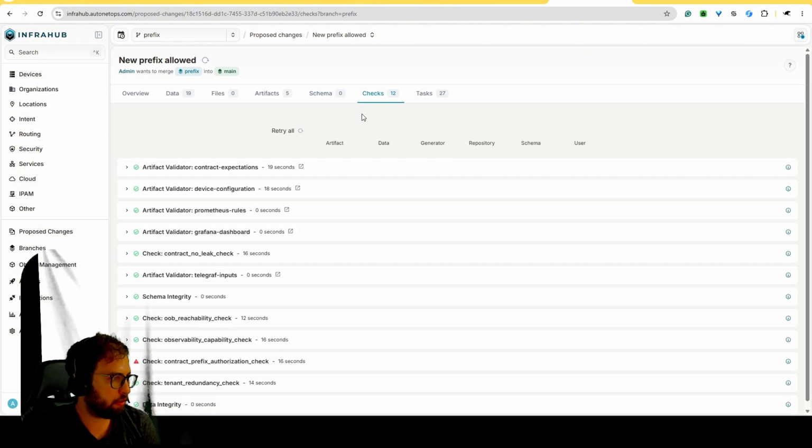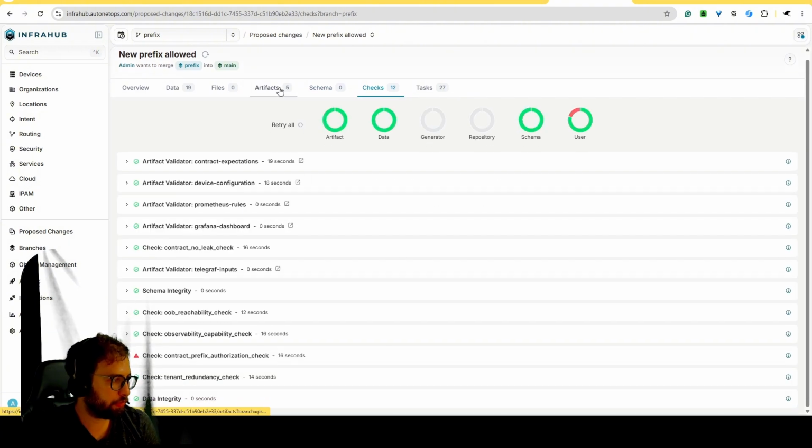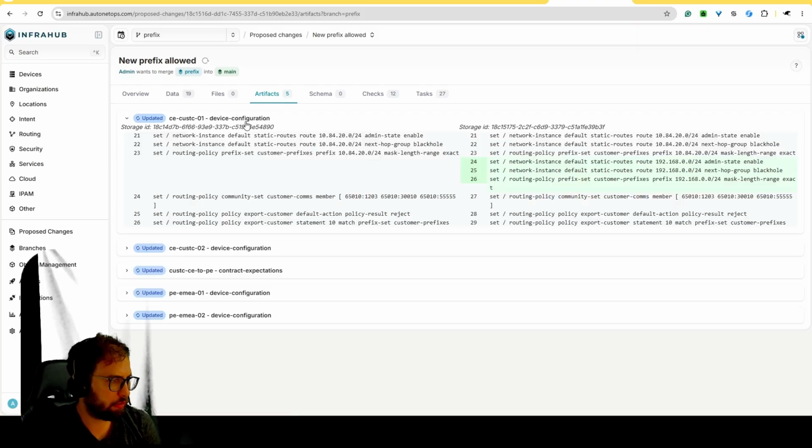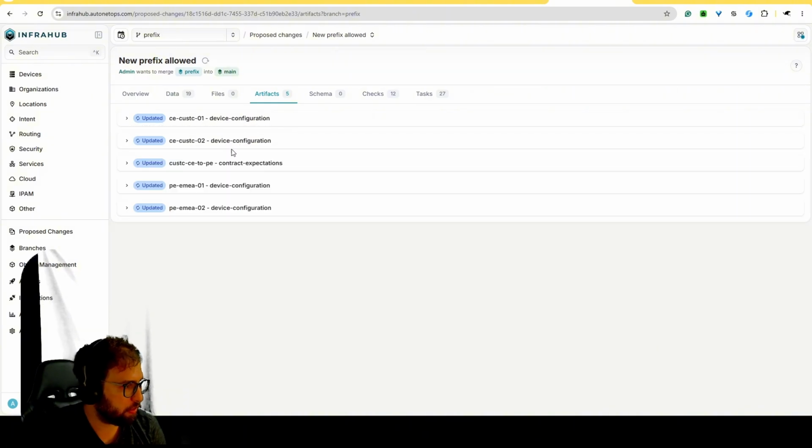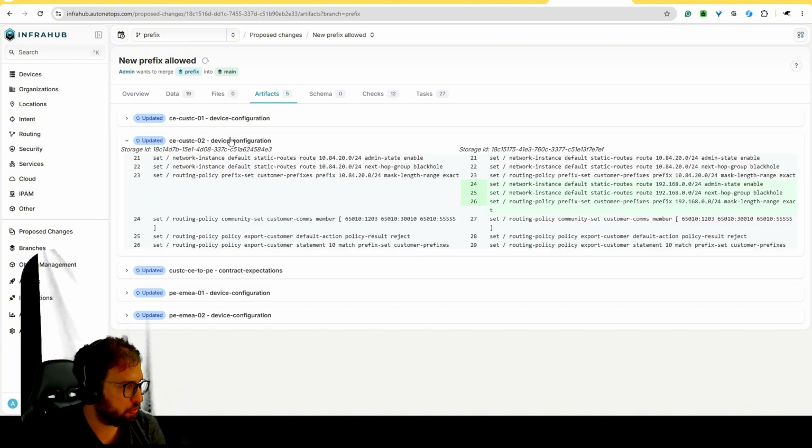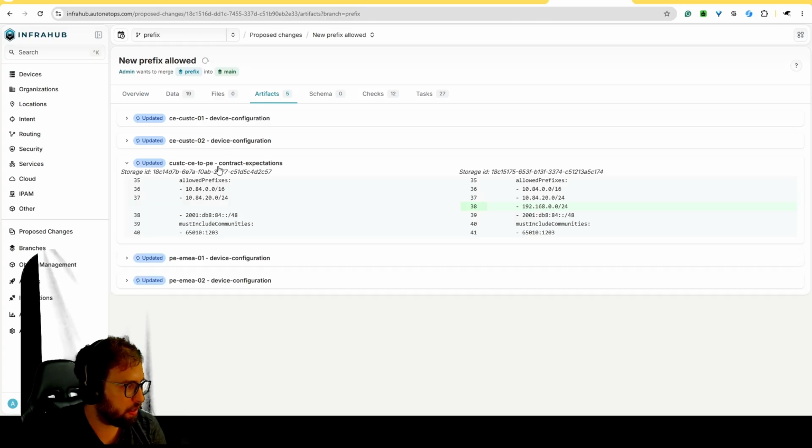So let's take a look. And you see that we are going to change the configuration on the devices. On the C, we're going to have the network on this bunch of Nokia devices, right? On the customer C2, right? On the provider edge, we now see this network there on the contract expectations.